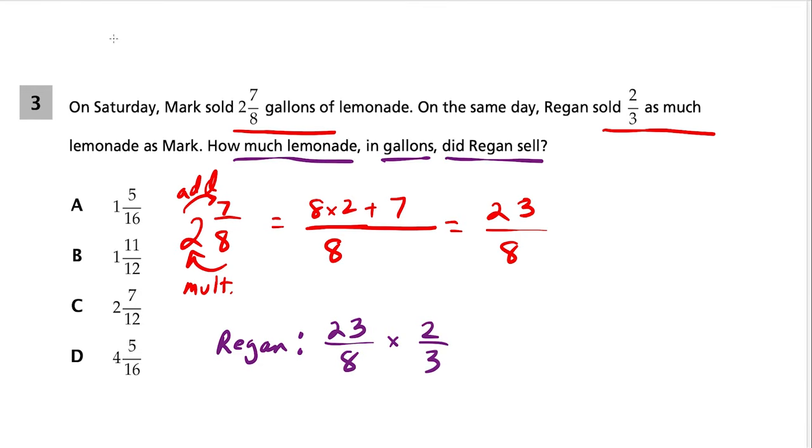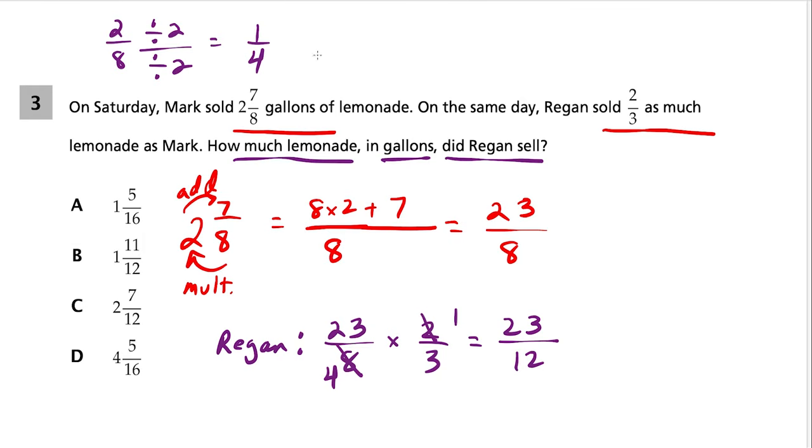But what I like to do is I think of the fraction 2 over 8, and if we reduce 2 over 8 by dividing the top and bottom by 2, this reduces to 1/4. So I'm going to do that first. I'm going to reduce 2 over 8 to 1/4 and then multiply. 23 times 1 is 23 over 4 times 3 is 12. So now this part you could use mental math for when you're actually dividing, because we have to convert our answer back to a mixed number.